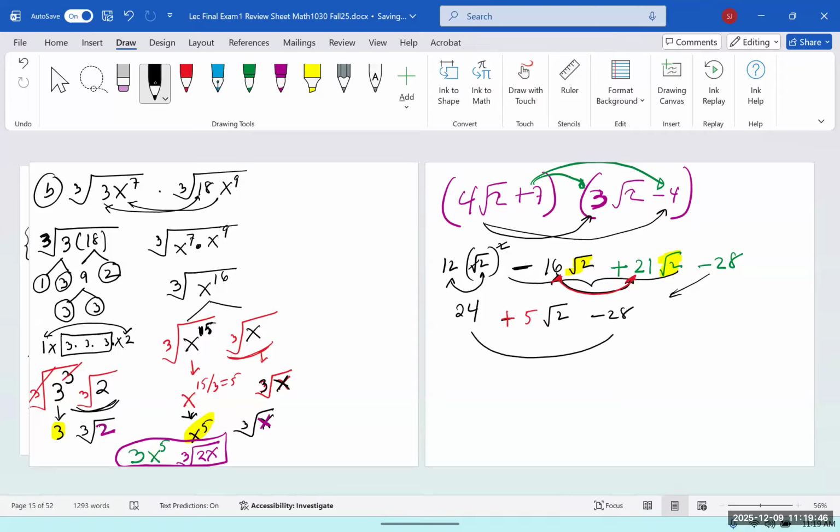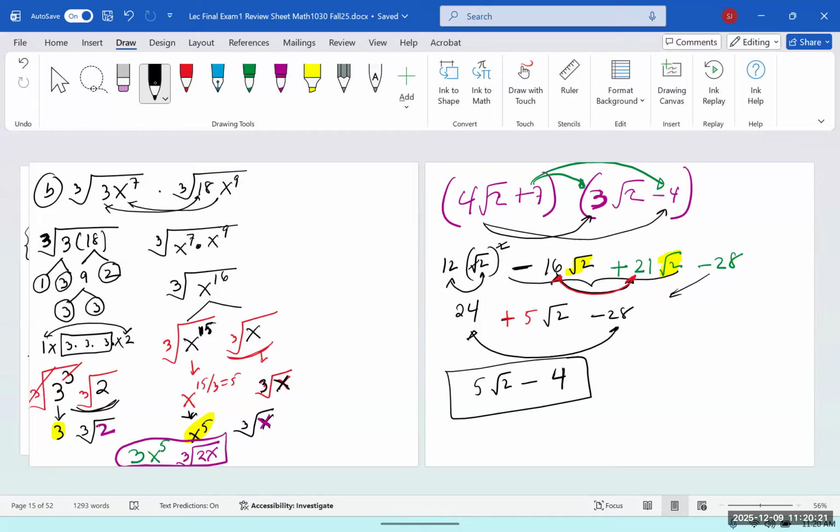And now we have these two like terms. 24 minus 28. 28 is bigger with a negative sign, so the answer will be 4 with a negative sign. It's 5 root 2 minus 4. And this is the answer.